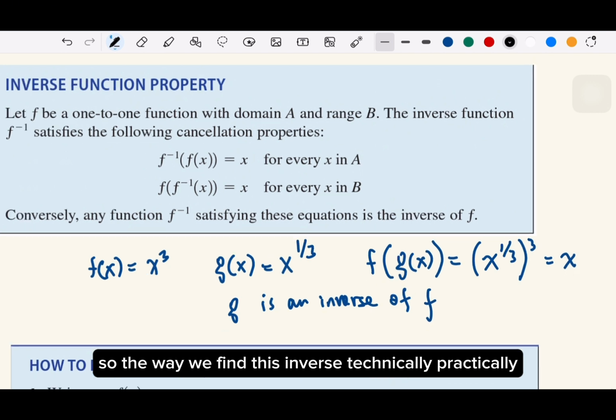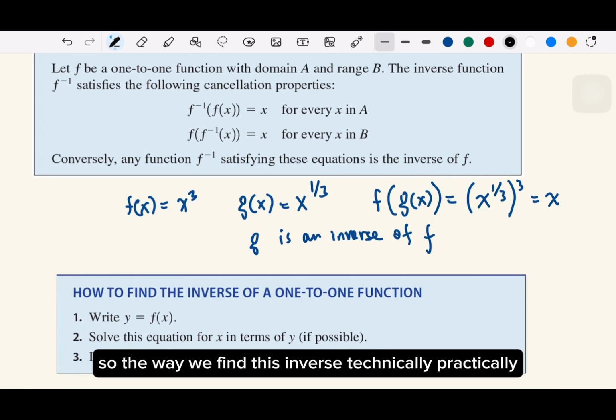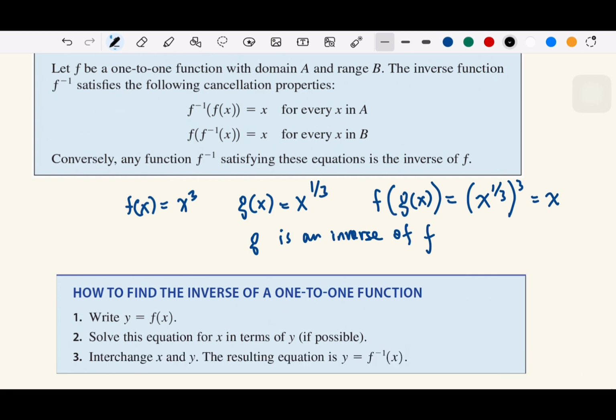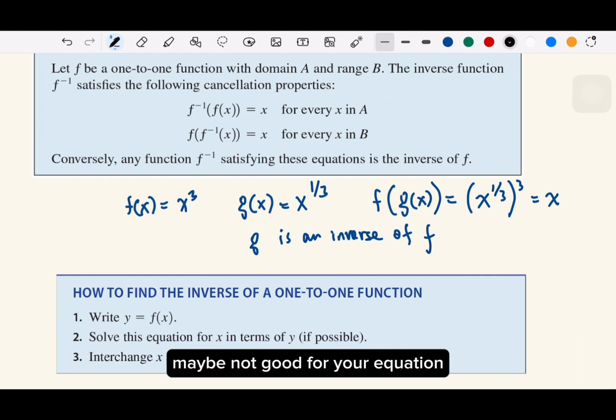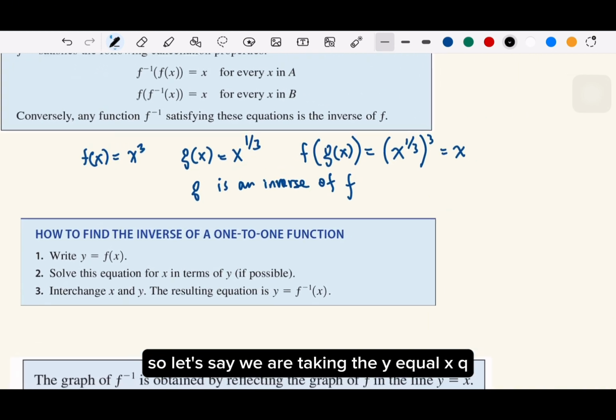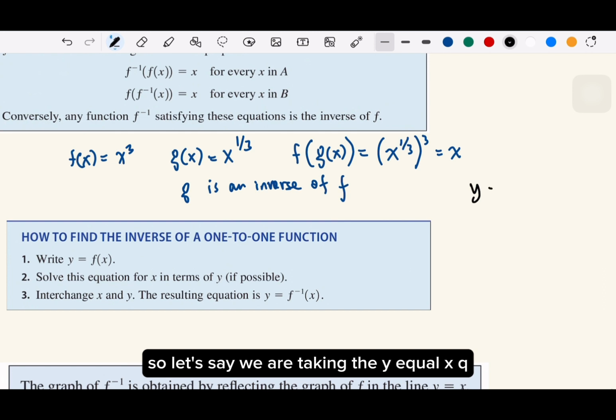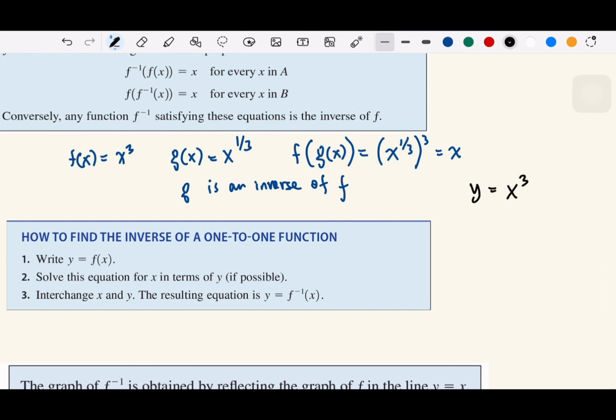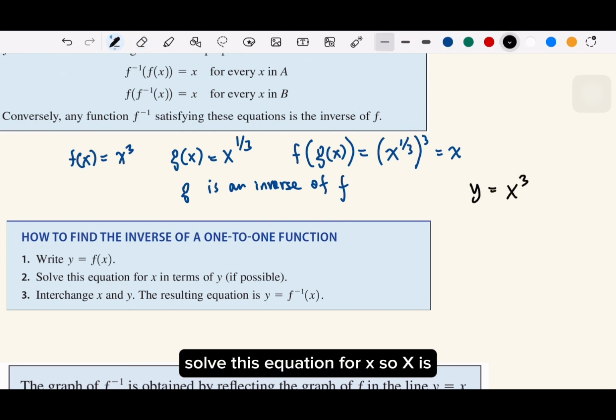So the way we find this inverse practically, first we write in terms of y to make it simple. If you write it with f, maybe not good for your equations. So write y equals f of x. So let's say we take y equals x cubed. Solve this equation for x.